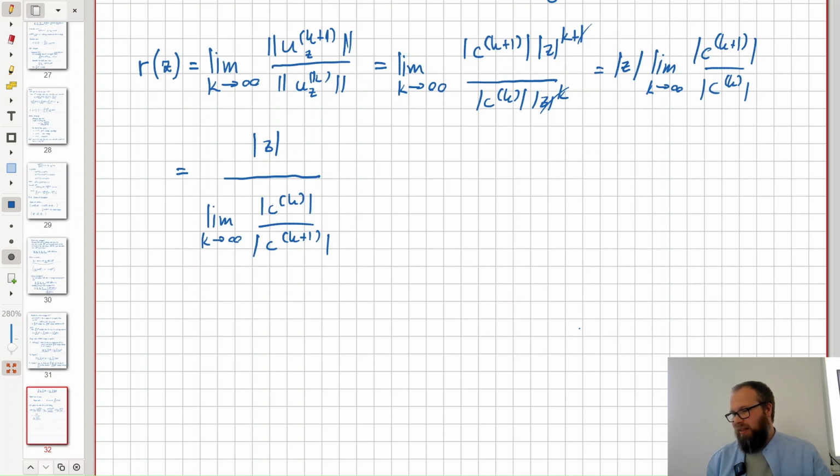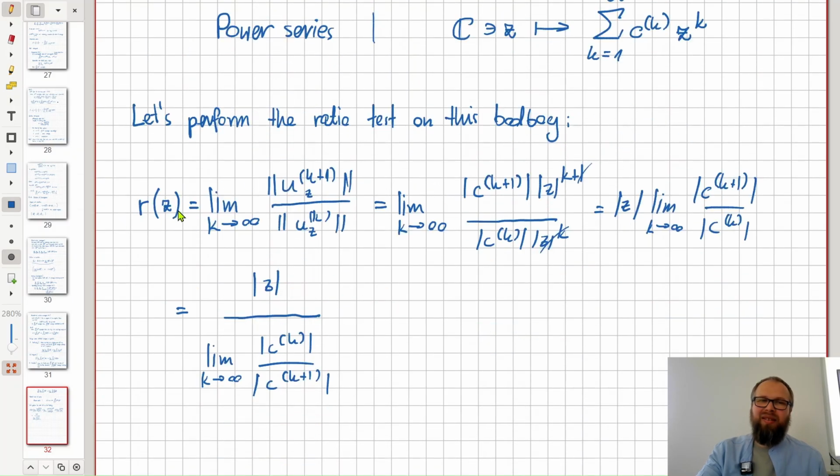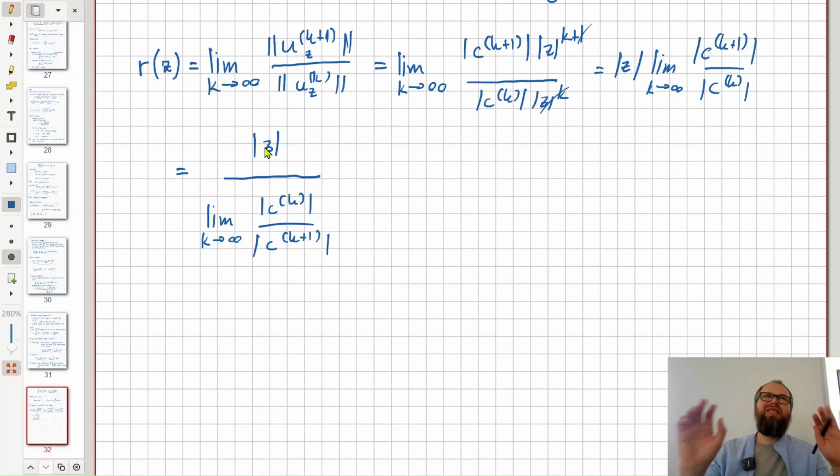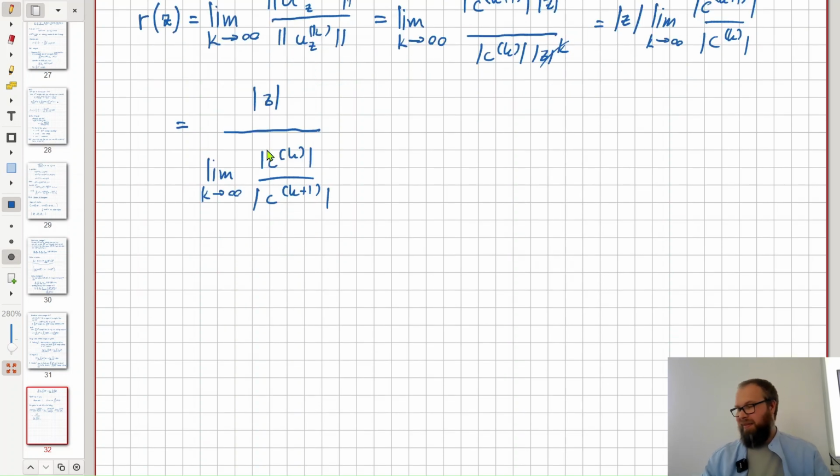So for this power series to converge, this ratio must be less than 1, right? Which depends on z. This will put some constraint on what z's are allowed before everything breaks. And it's not constrained on z itself, but on the modulus, the absolute value of z. So it defines a radius, the so-called radius of convergence.